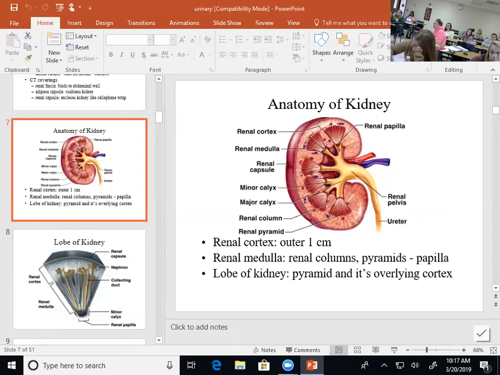Sometimes what they'll have to do is put in a nephrostomy tube, so they'll come in from the back and leave it in, so that urine will be draining out until they can figure out how to either remove the stone or do what they have to do. Lithotripsy is when they use wavelengths to break up the stones, so the stones get small enough that they have potential to be passed.